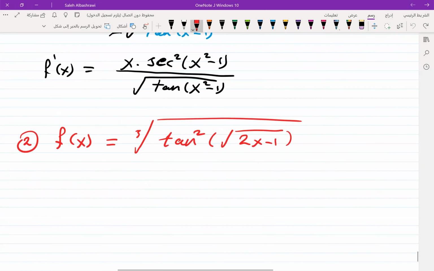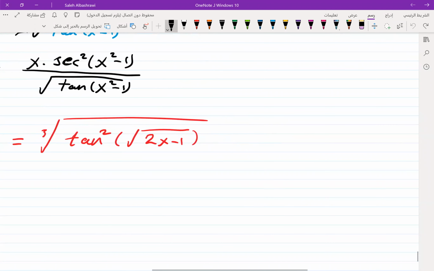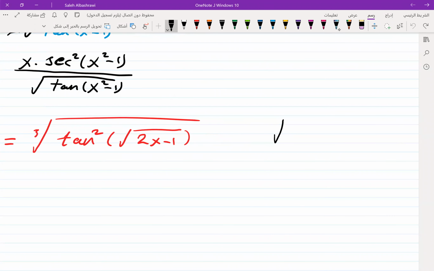So let's just list the functions. The first one is the third root. Second one, I have the square, this square. Third one is tangent.